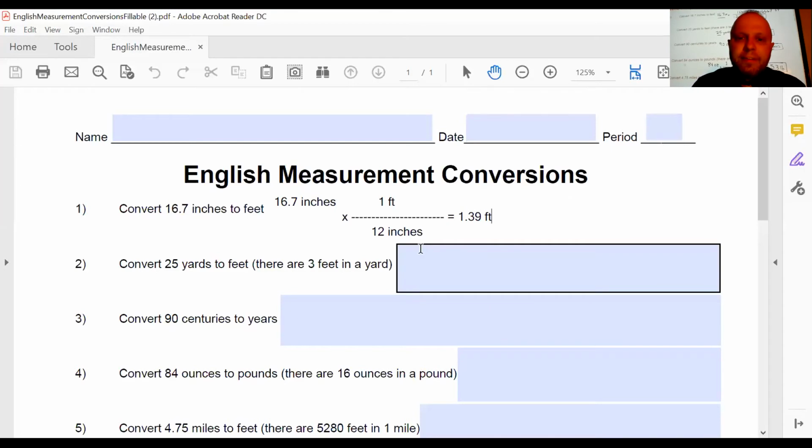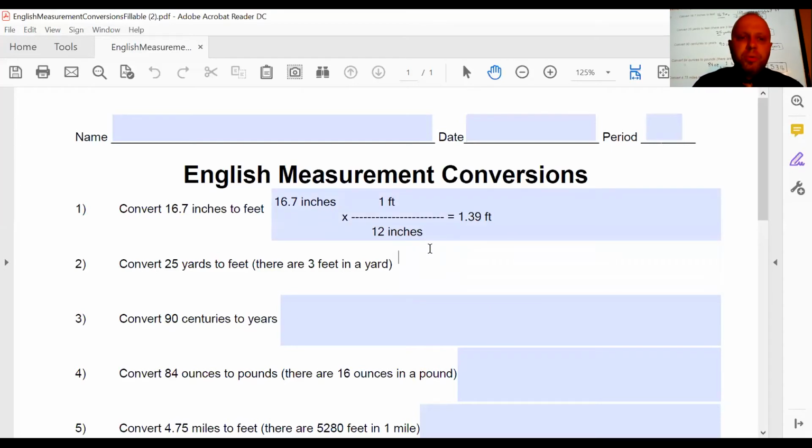For the second problem, we're going to convert 25 yards to feet. So again, I'm going to start off with 25 yards. I'm going to go to the next line and type in the multiplication sign, which is just an X, and then my fraction. I hit the equal sign as well.